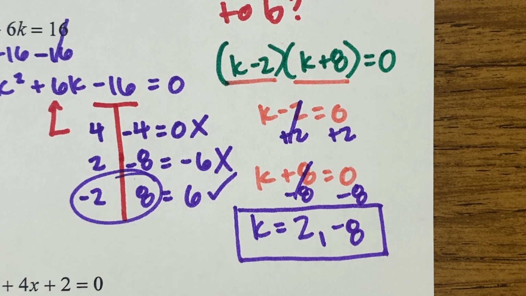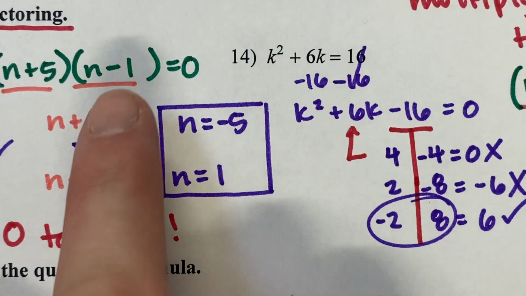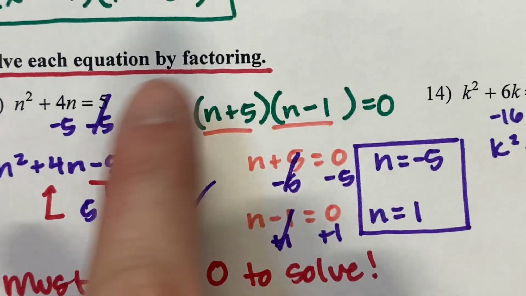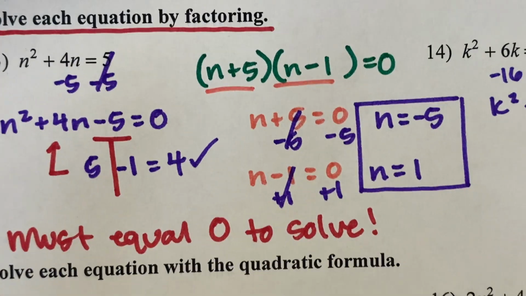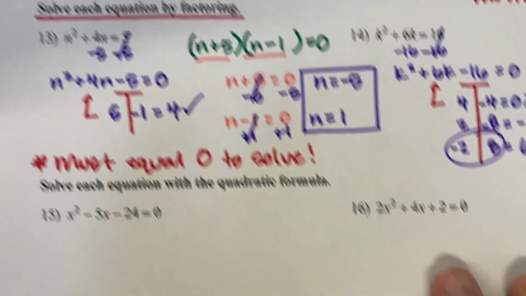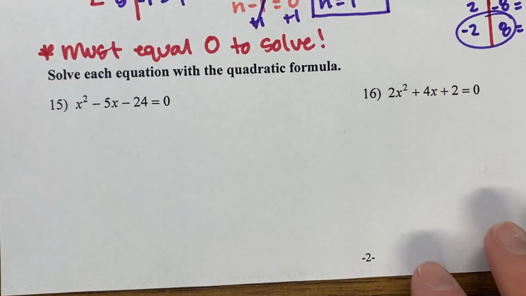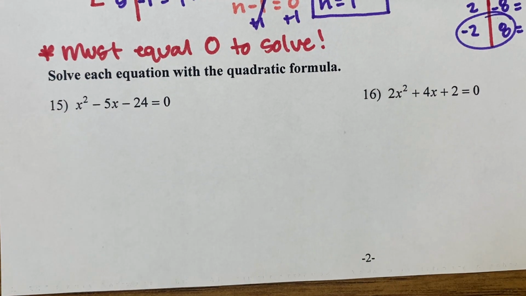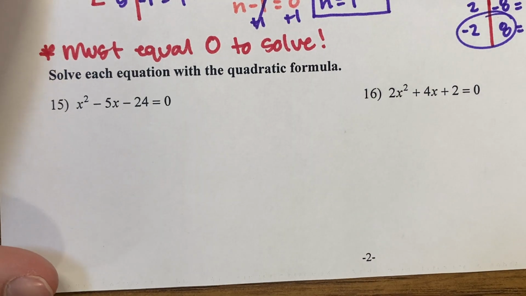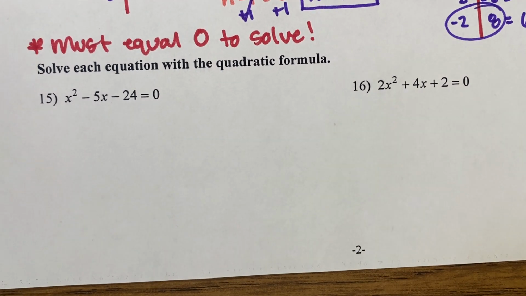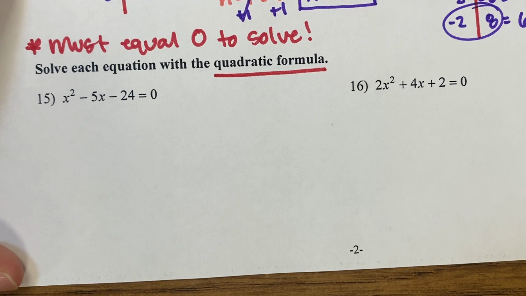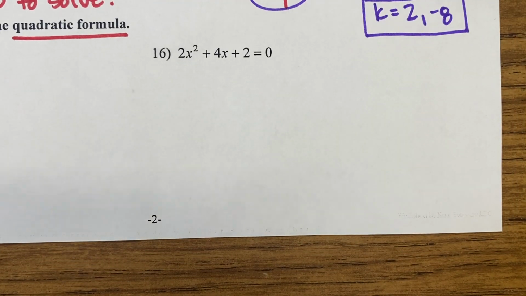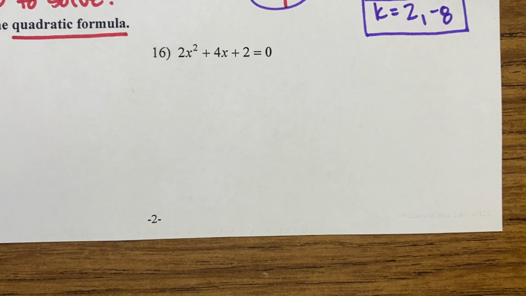Okay, so that was where we're solving what we call quadratics by factoring. There is another way to solve quadratics, and this way is not the nicest way, but it'll always work, okay? So this way is using the quadratic formula. Let's remind ourselves what the quadratic formula is.